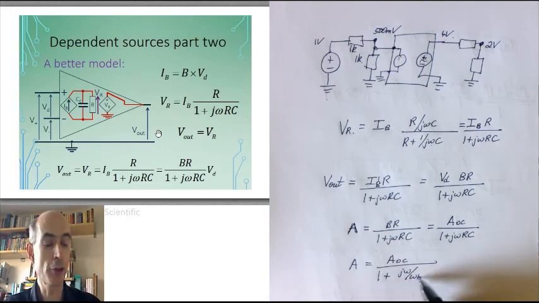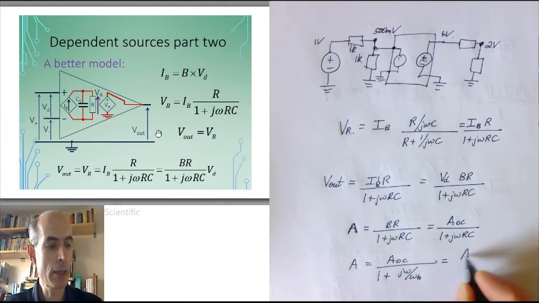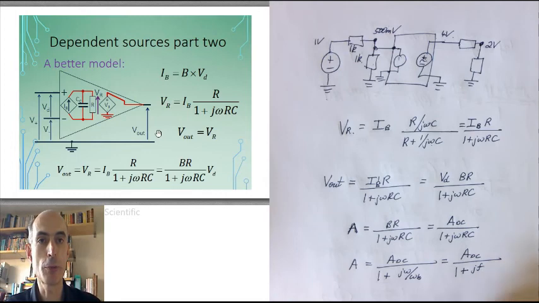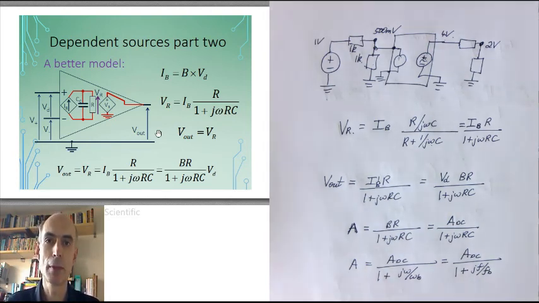And if I wanted to write this in hertz, I could just divide the omega and the omega_B by 2 pi, and that would give me the open loop gain of my op-amp is A_DC divided by 1 plus j f, the frequency in hertz, divided by f_B, a characteristic frequency of the op-amp. And as we've just seen, f_B is actually the 3 dB bandwidth of the open loop gain. If we were going to plot the open loop gain against frequency, f_B would be the frequency at which that open loop gain has dropped by 3 dB from its low frequency value.